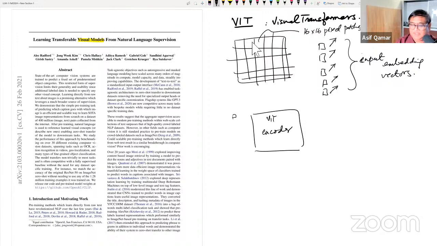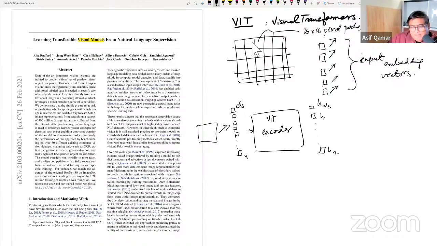Given a picture, it will, of course, also have a CLS token in the beginning. It will produce hidden states, right? Hidden state for CLS, hidden state for H1. It will produce the vectors for each of these patches.